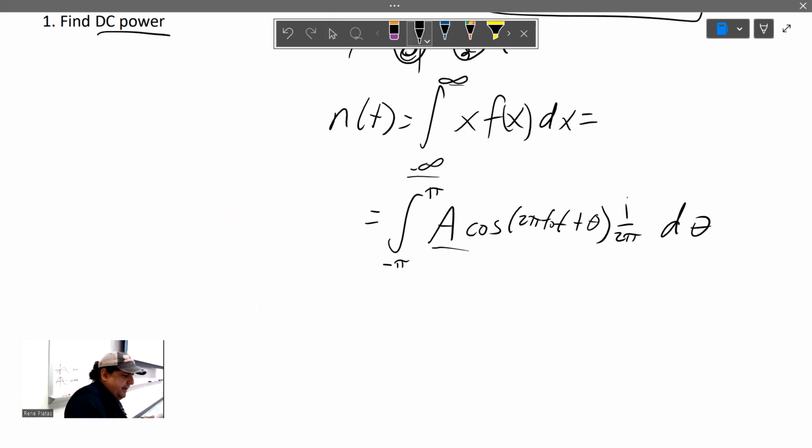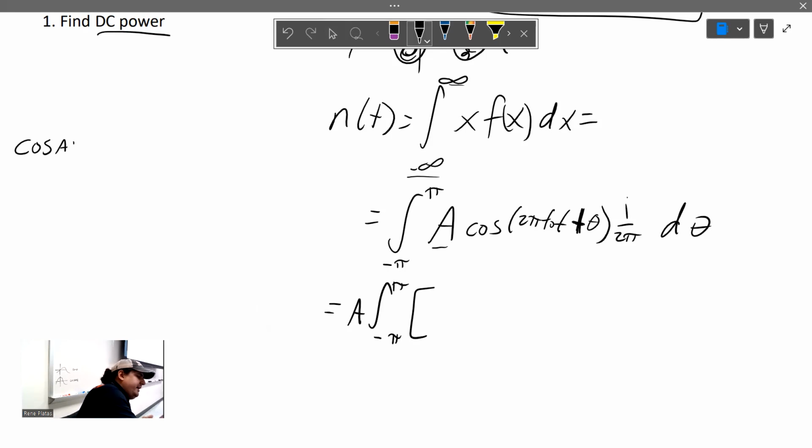We can pull out our a, which is a constant. That's going to be equal to a integral from negative pi to pi of this sum right here. We have to use the cosine sum identity.